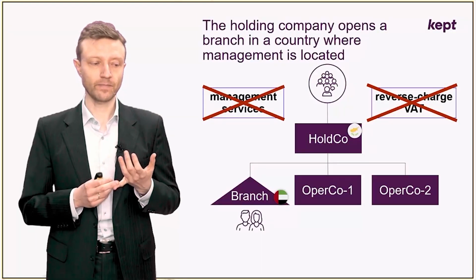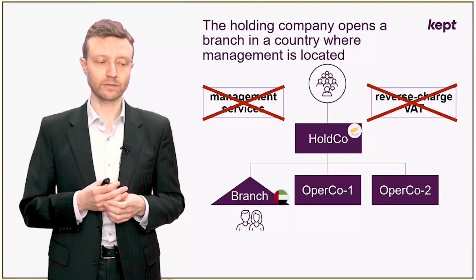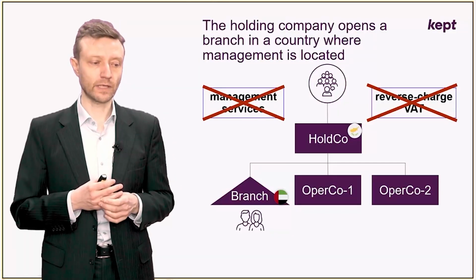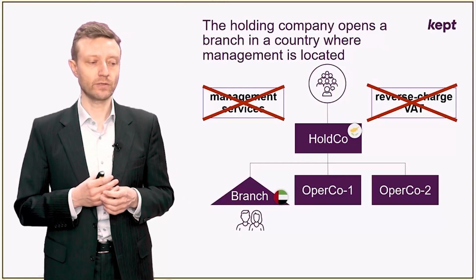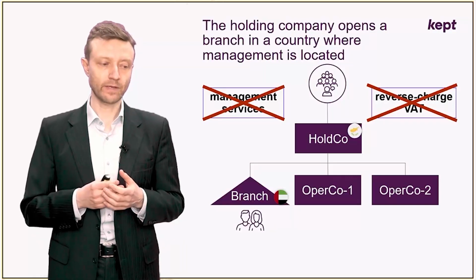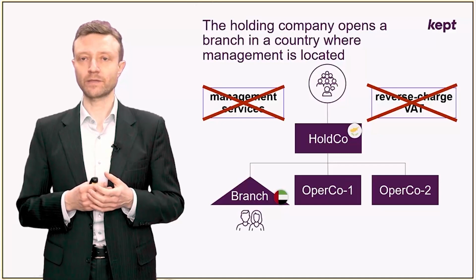Second idea: instead of moving the management to the holding company and employing them in a different country, the holding company may establish a branch in the country where the management is located. In this case, in the United Arab Emirates.